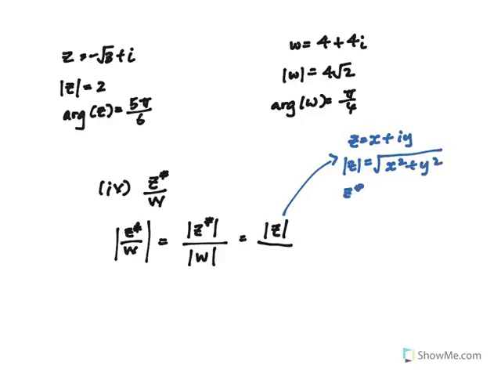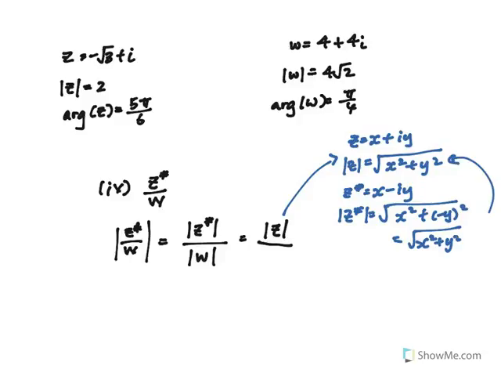Z asterisk is equal to x minus iy, so the modulus of z asterisk is again the square root of the square of the real part and the imaginary part, which is negative y squared. And this is the same as x squared plus y squared, because negative y bracket squared is the same as y squared. So you can see that these two are equal. So the modulus of z asterisk is the same as the modulus of z.